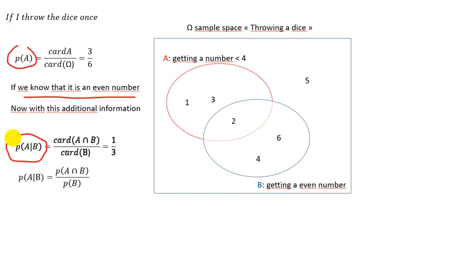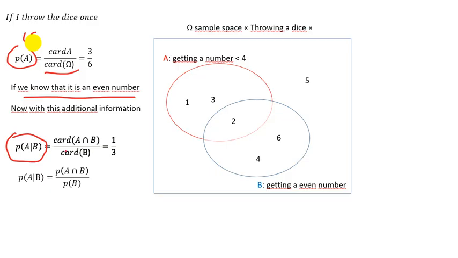The second thing I need to change is the omega. So in the first probability, all the possible outcomes are all the results in this experiment, so from 1 to 6. But when I say it is an even number, my omega shrinks, gets smaller.